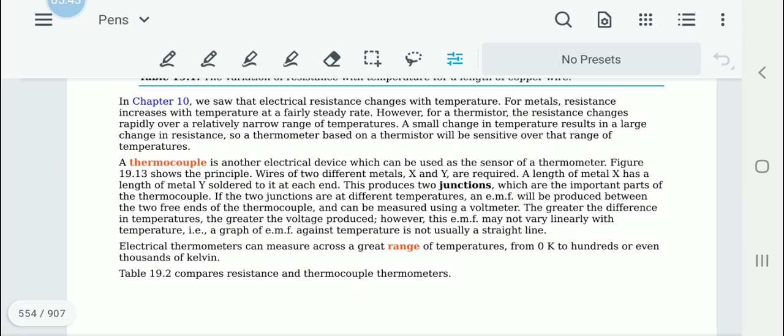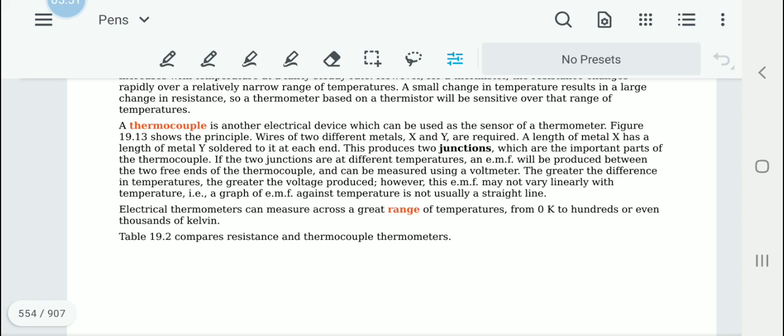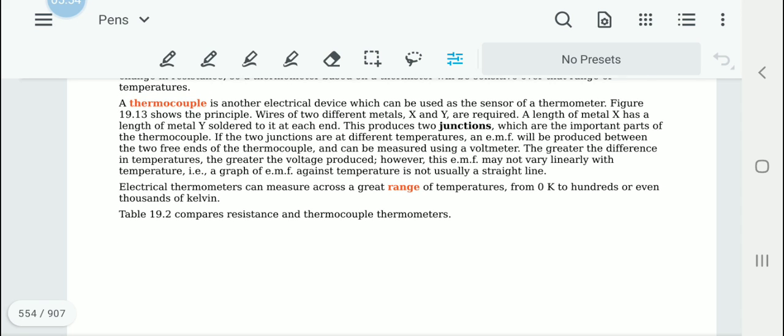So they produce two junctions, and these two junctions are very important. When the two junctions are exposed to different temperatures, a voltage difference is created. This voltage difference can be measured using a voltmeter.